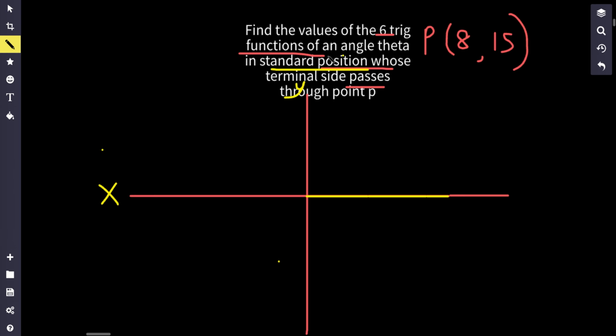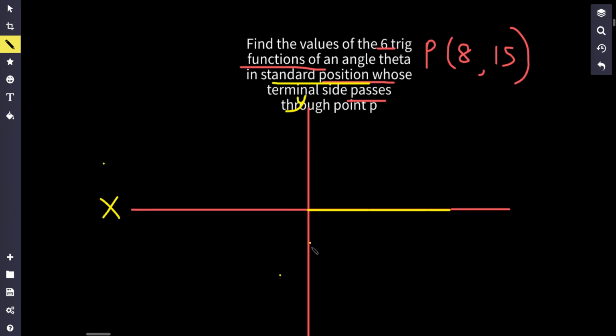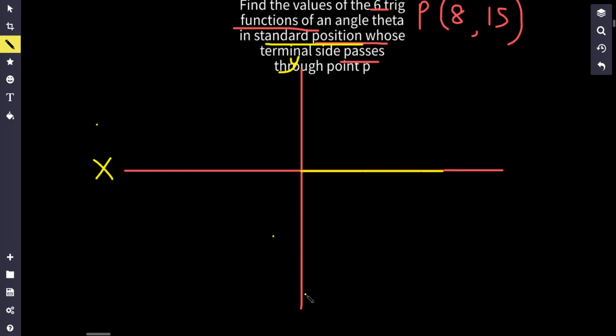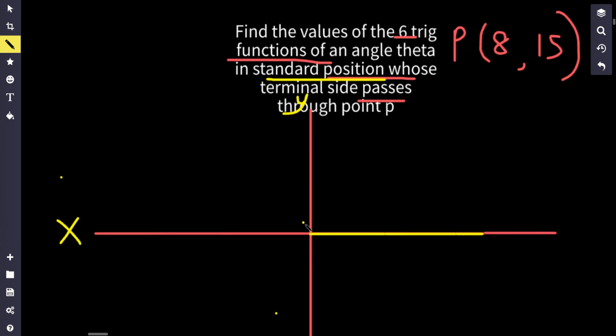Well, standard position, okay. What you're going to know for this problem is that you're going to be creating an angle on a graph, okay? So there's an x-axis and there's a y-axis. Standard position just means that the vertex of your angle is at the origin.